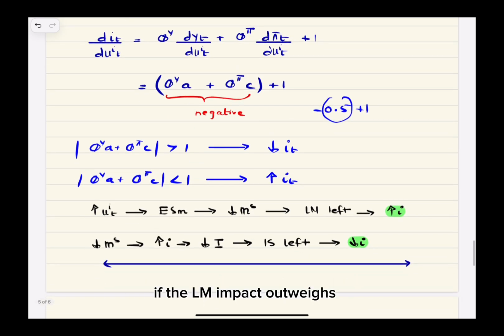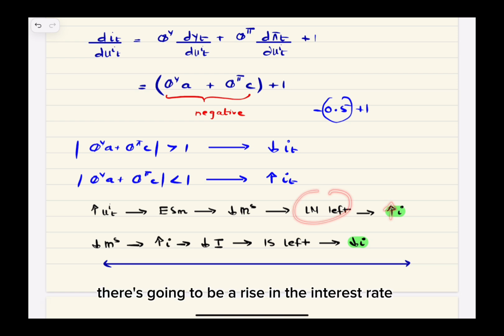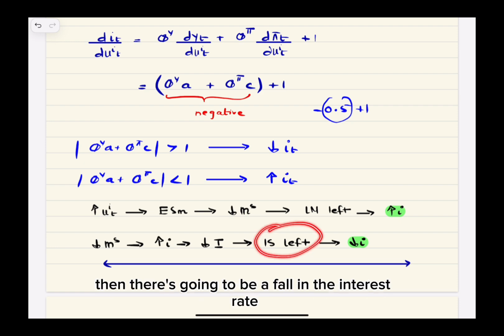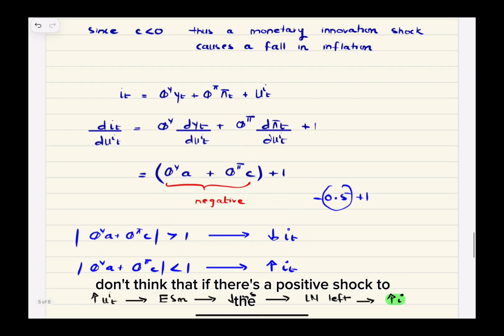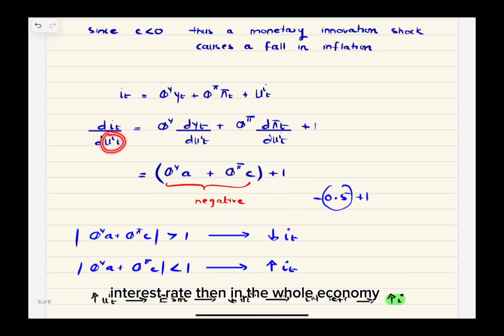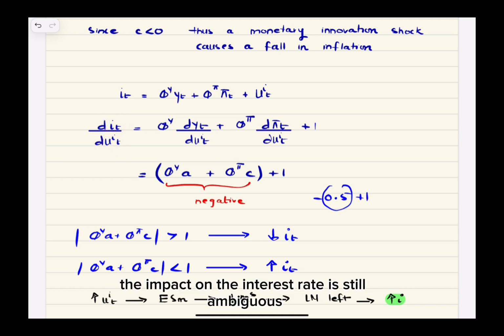If the LM impact outweighs, then overall there's going to be a rise in the interest rate, and if the IS dominates, then there's going to be a fall in the interest rate. But the key takeaway is that don't think that if there's a positive shock to the interest rate, then in the whole economy the interest rate is going to rise. The impact on the interest rate is still ambiguous.